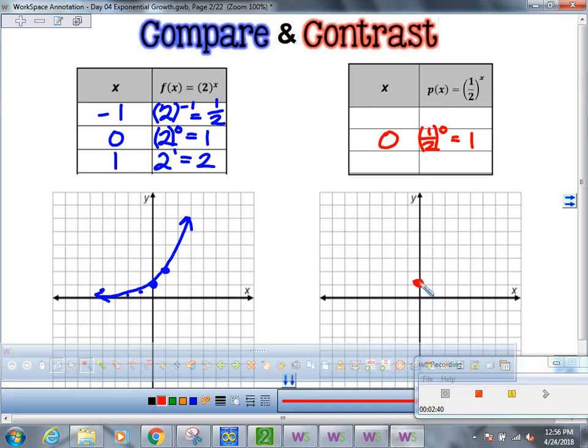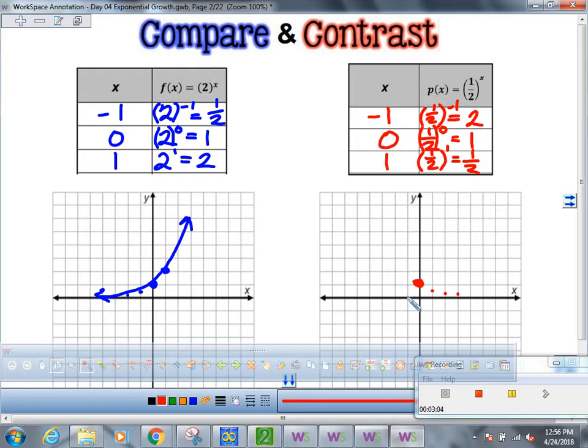Now, inversely, if I put a 1 in for x, I'm going to get 1/2. So over 1, 1/2, over 2, 1/4, over 3, 1/8. And if I go in the negative direction, 1/2 is going to turn into positive 2.